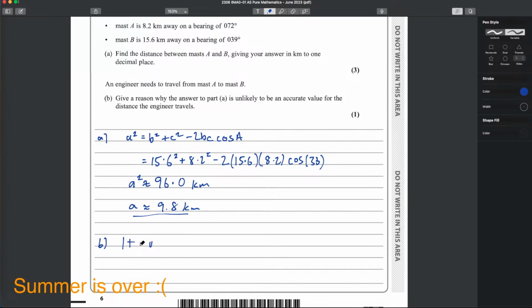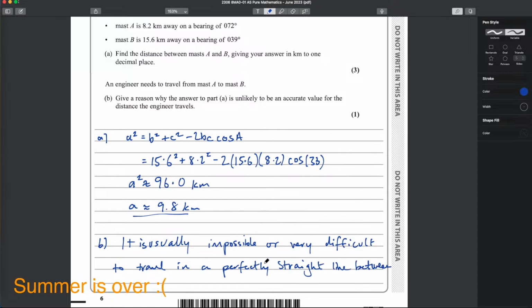It is usually impossible or very difficult to travel in a perfectly straight line between 2 points.